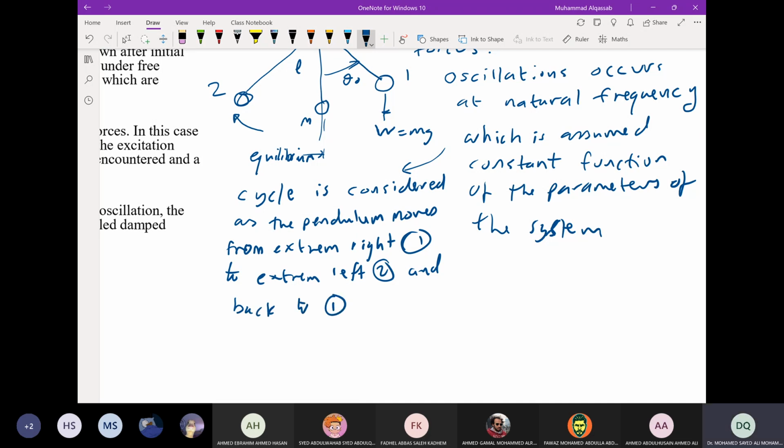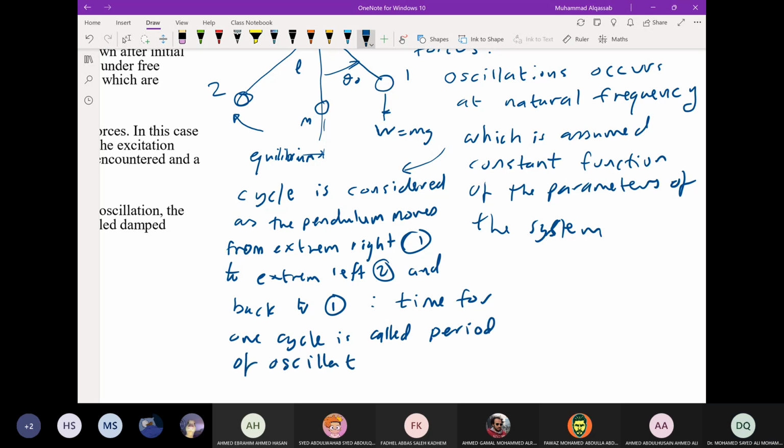The time to cover one cycle is called the period of oscillation. It is given as tau, measured in seconds.